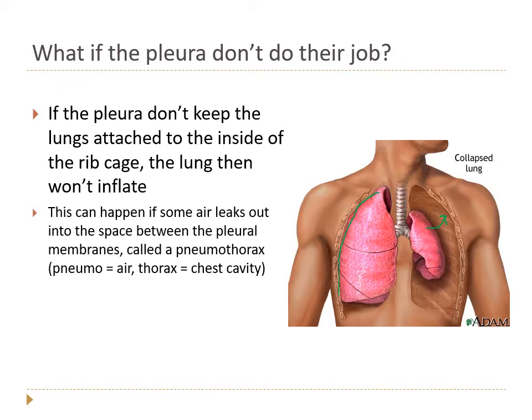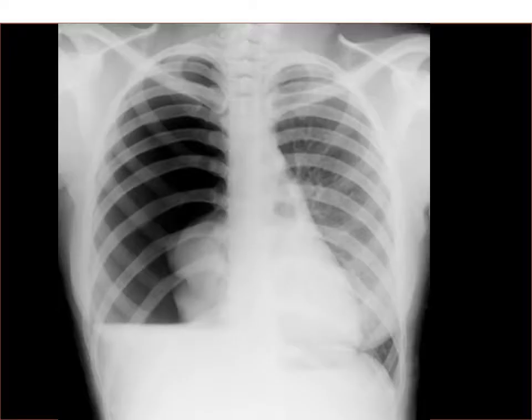That mechanical coupling of the lungs against the inside of the thoracic cavity, and air can accumulate in this space outside of the lung. This is called a pneumothorax, because pneumo means air and thorax, thoracic cavity. It can be really problematic, obviously, because then your lung doesn't expand, and so you can feel really short of breath because you're not able to ventilate as well as you should.